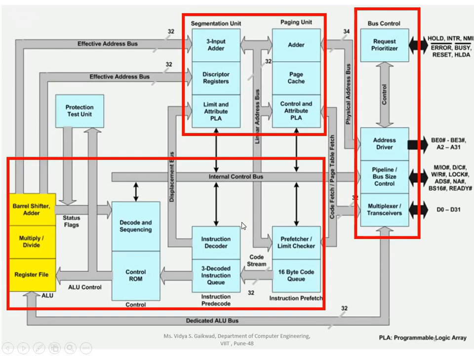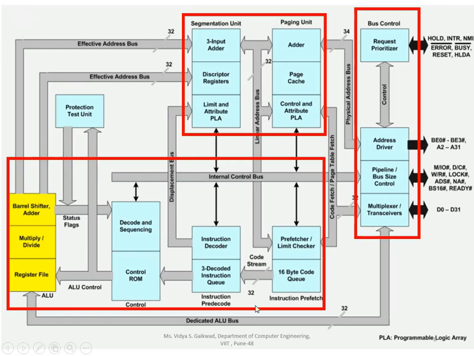The CPU is divided further into 2 units. These 2 blocks, instruction prefetch and instruction pre-decode, are your instruction unit, while the control system and the ALU are your execution unit.